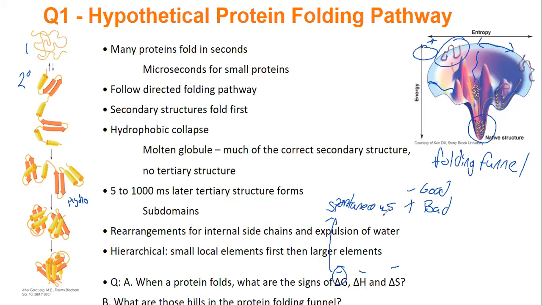So delta G is negative. Delta S, well, we're going from a lot of conformations to one conformation. So entropy, the number of possibilities is decreasing, right? The number of possibilities. Right.